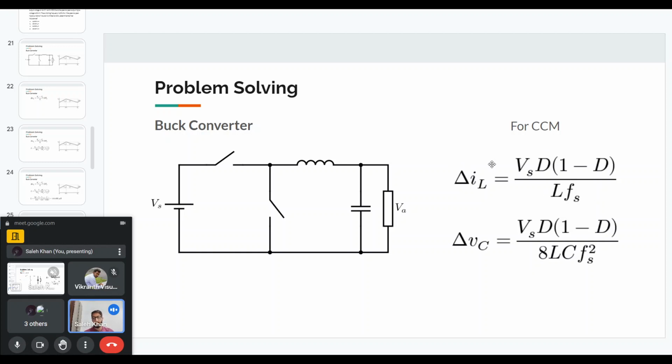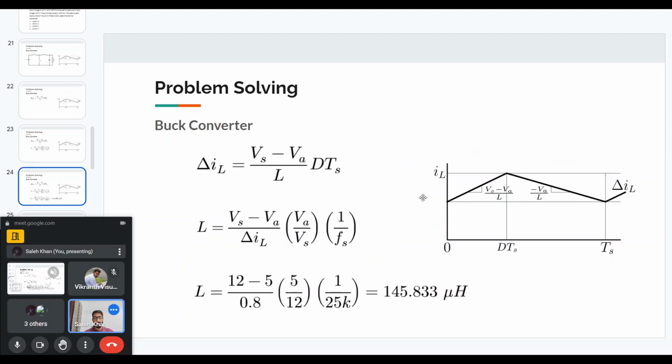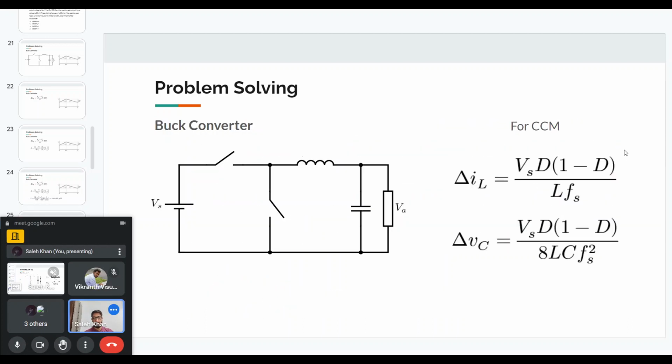If you just substitute Va as dVs, you will come to the other equation, this equation. And the capacitor voltage you can also find out. In the textbooks, or by the charge balance, you can find out the capacitor equation as well.